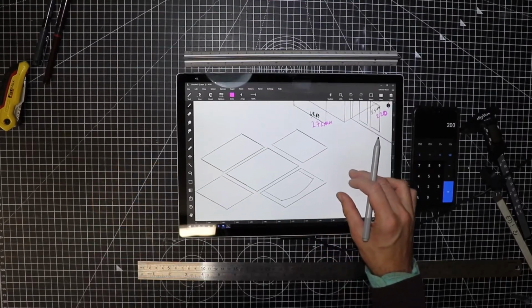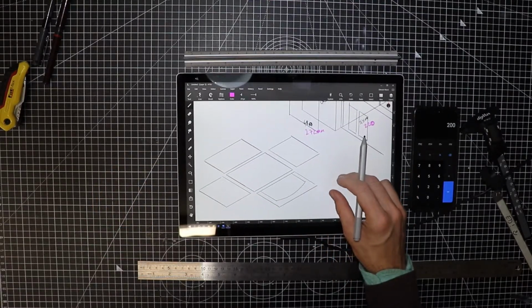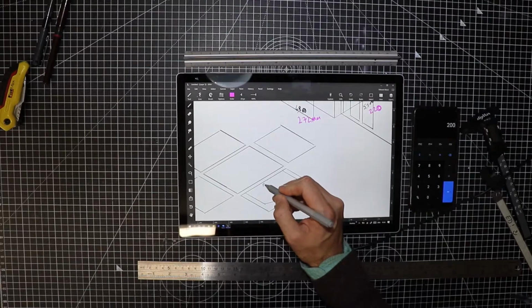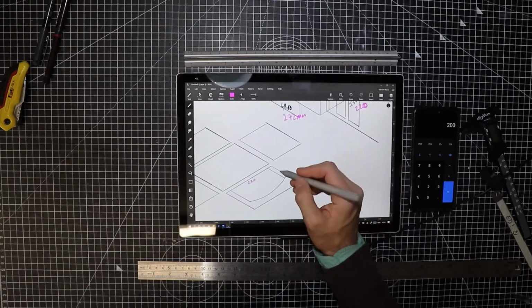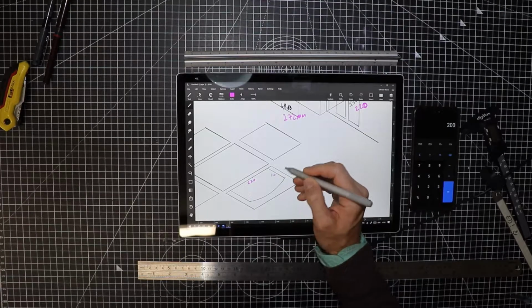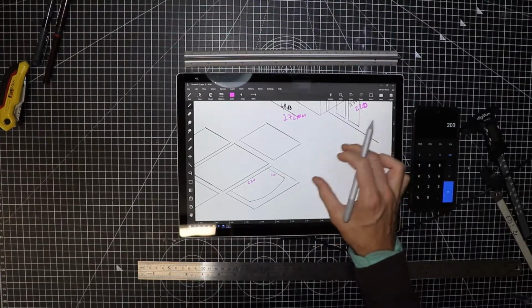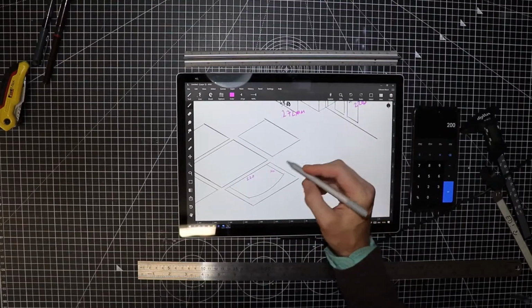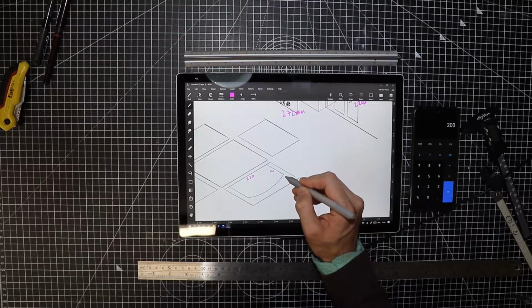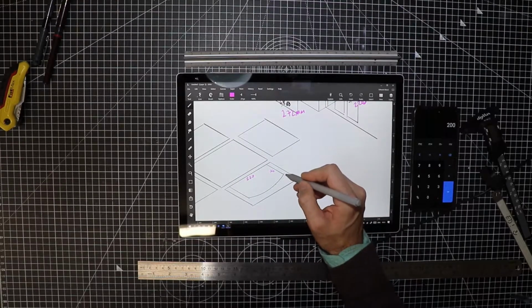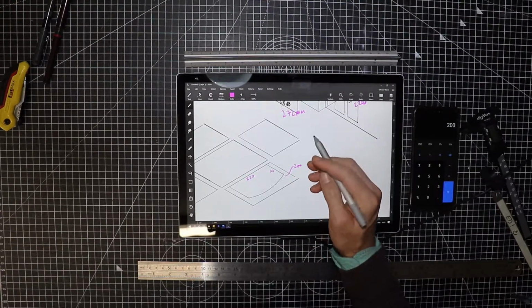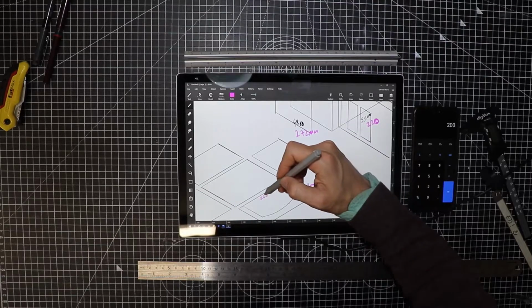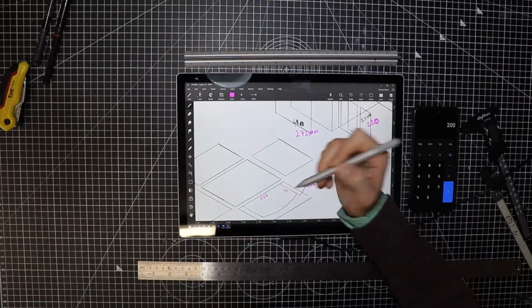So we know that now we are using the model making millimeters of 220 by 160 by 200. Okay, yep, and that centre line goes all the way up.